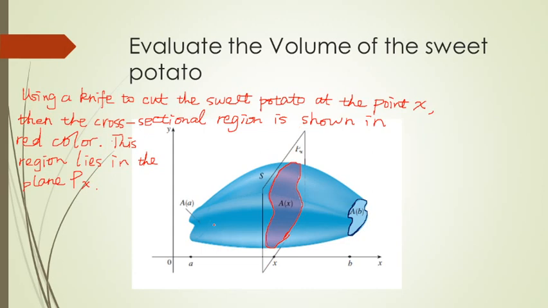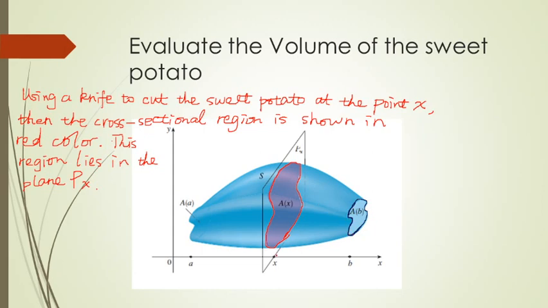You will notice that when you use the knife to cut the sweet potato and shift your knife from A to B, cutting at a different place, the cross section looks different, right? Like here, when x equals b, the blue pen shows the cross-sectional region, a much smaller one.